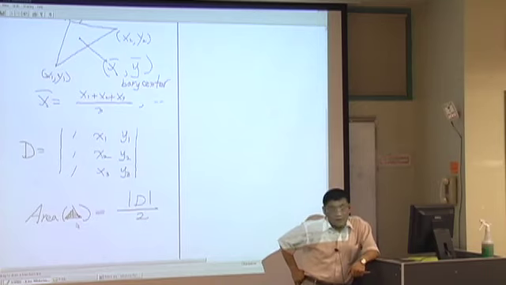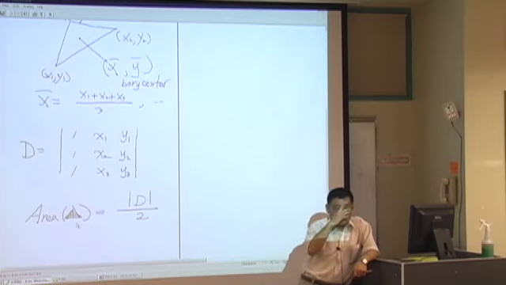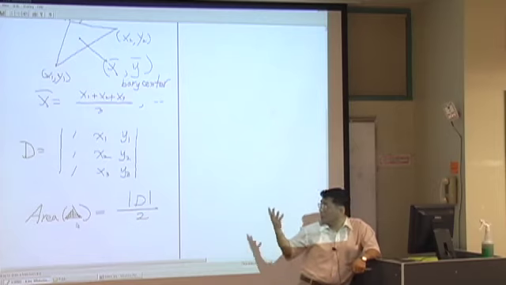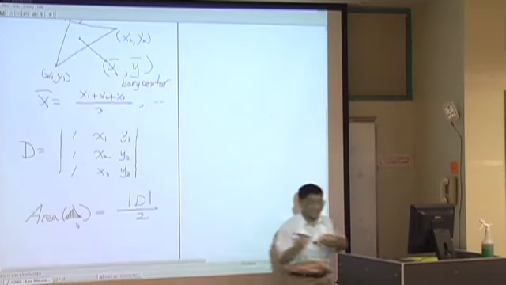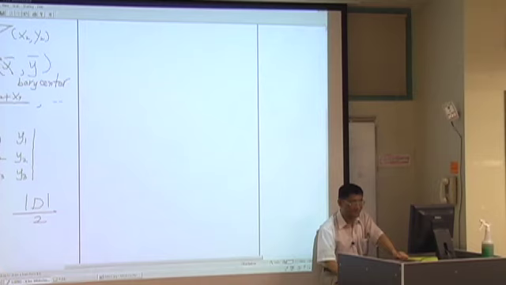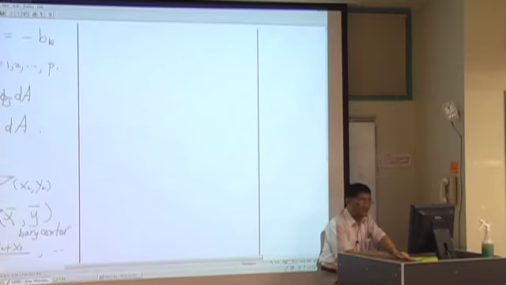So is this okay or not? If you don't think it's okay, ask me, and I'll derive it. But it's trivial. To test it, let's make a triangle. That's the best way. Assume that we have a triangle like this: 0, 0, and then 2, 0, and then 0, 1.